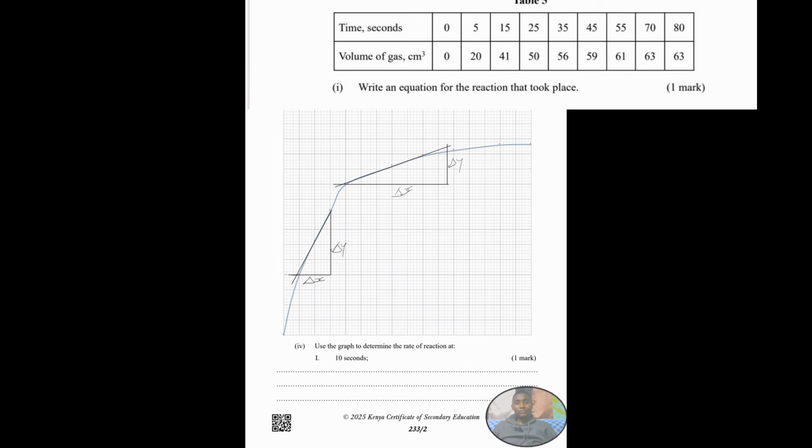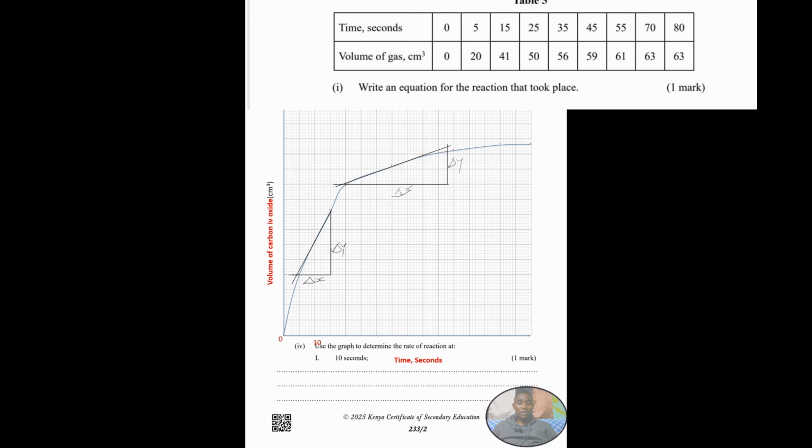So we start with the x-axis, where I label the axis as time in seconds. Then I have the y-axis, whereby I label it volume of carbon dioxide in cubic centimeters. Then I start putting the values of time.